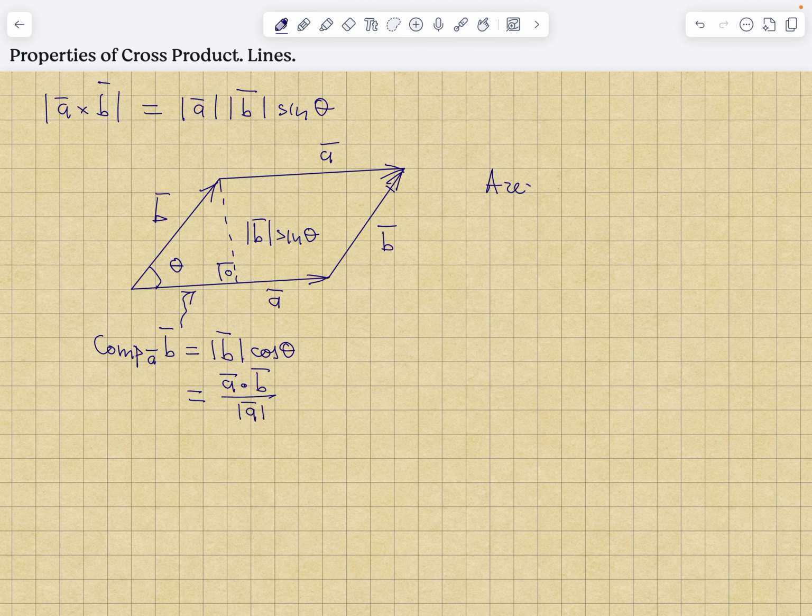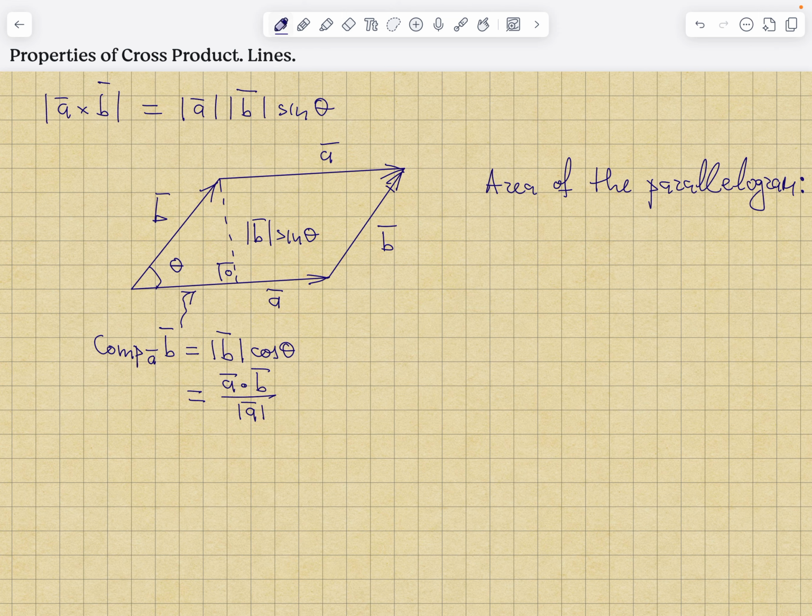As usual, the area is going to be the length of the base times the height. The base in this case has a length of magnitude of A, and the height is the length of the vertical segment that I have just found.